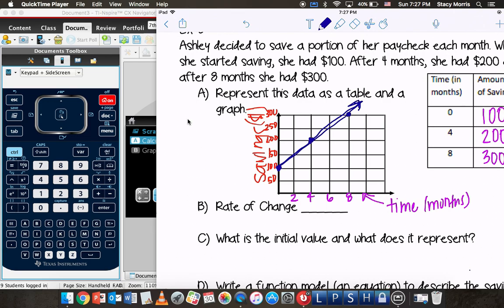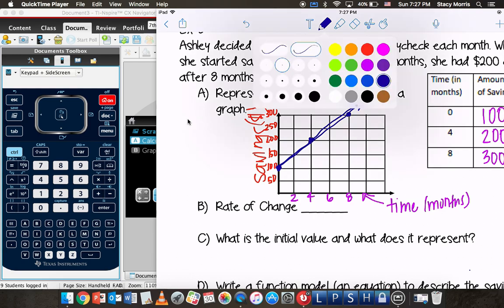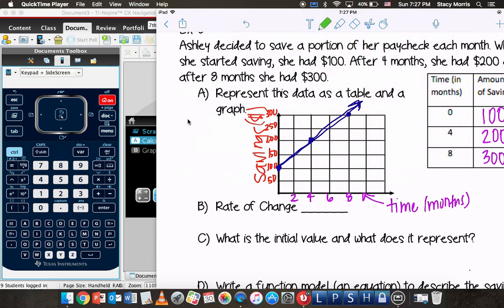There you go. So our rate of change is the rise over the run, or the change in y divided by change in x. Because we have a graph now, we could count rise over run. We also have a table, so we could do change in y over change in x. It doesn't matter which one you use. They should both give you the same thing. If I'm using my graph, what I notice is it goes from 100 up to 200.